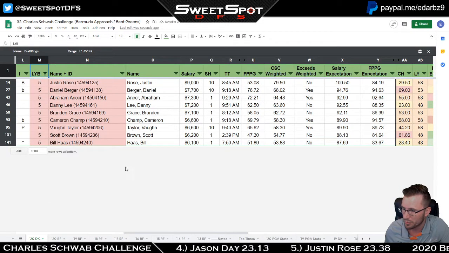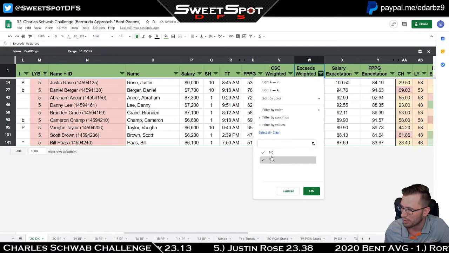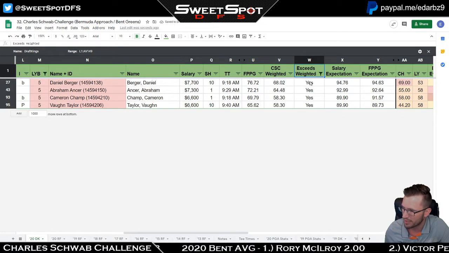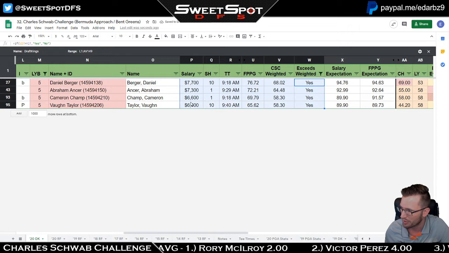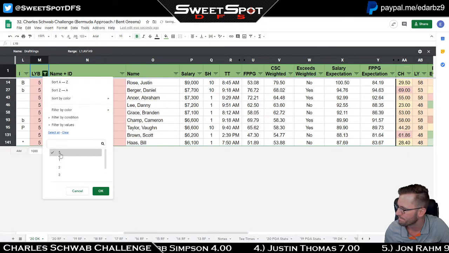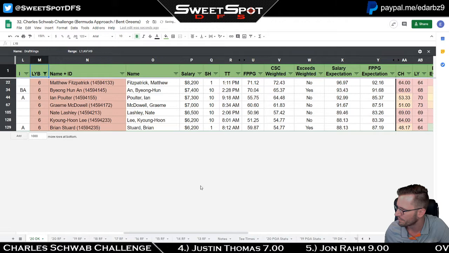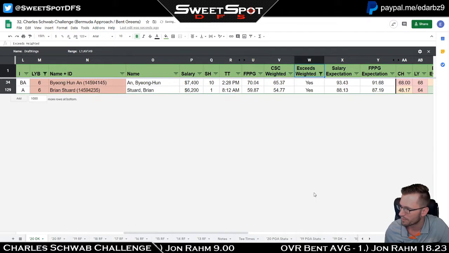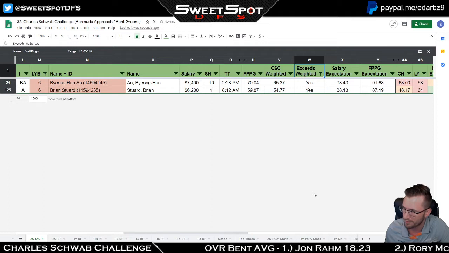Pretty decent here as well. 4 golfers that fit, or not fit, but exceed their salary expectation. And only 2 golfers that fit for the sixes, last year 6.